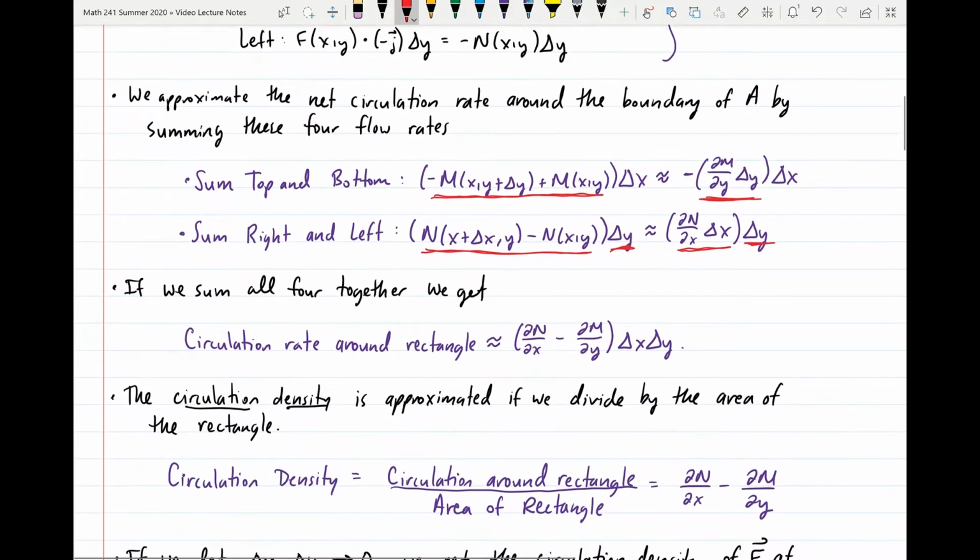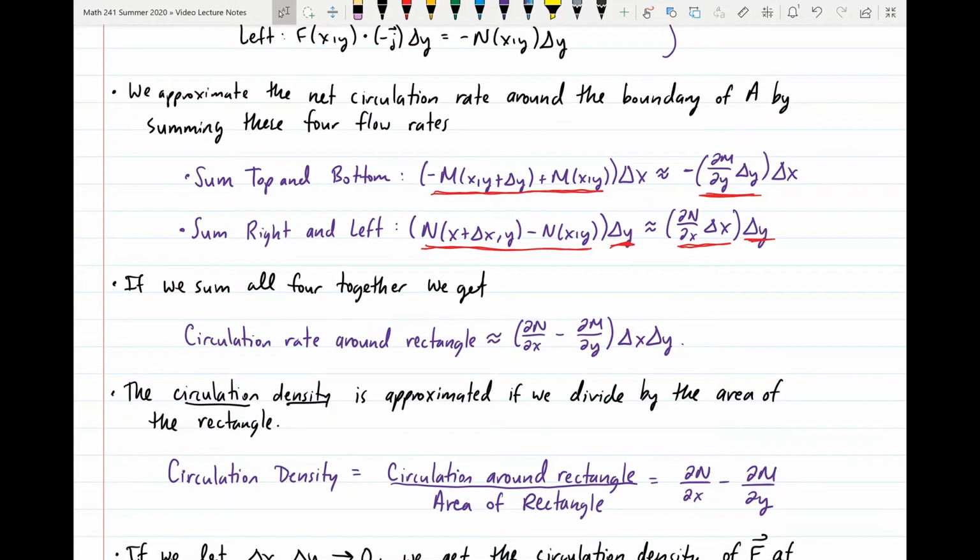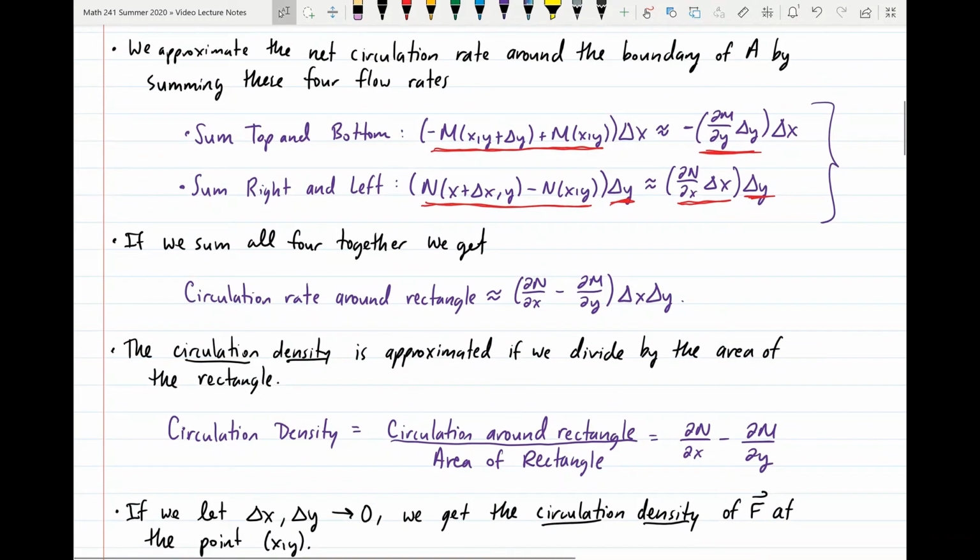And now if we just take these 2 expressions here and sum them together, we get an approximation for the total circulation rate, or the net circulation rate around the entire rectangle, which will be approximately the partial derivative of n with respect to x minus the partial derivative of m with respect to y, times delta x delta y.